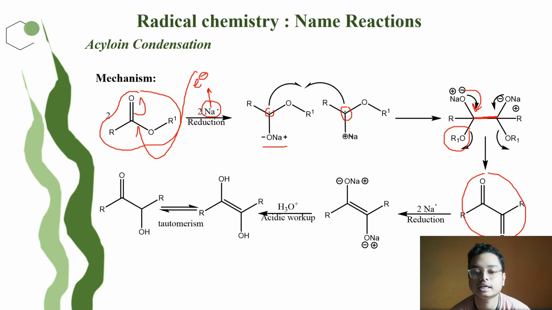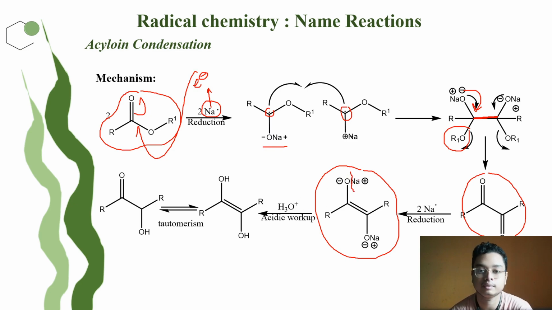If the medium contains extra sodium metal, this type of species is generated again, and then it goes to an acidic workup where this O-Na ionic bond is flipped to generate the dihydroxy compound, and then the dihydroxy compound gets tautomerized to give our desired final compound. So I hope you understand the mechanism of the Acyloin condensation.